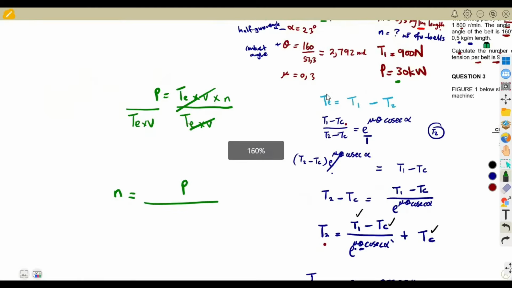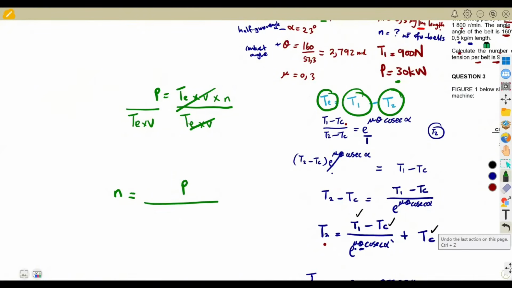It is because here we said TA is T1 minus T2. So to find TA, it is the difference between T1 and T2.